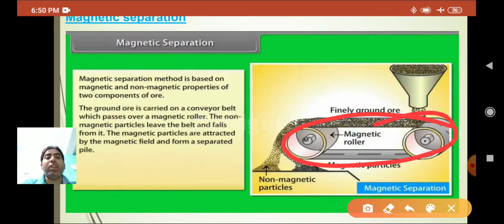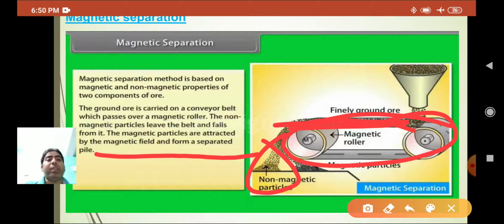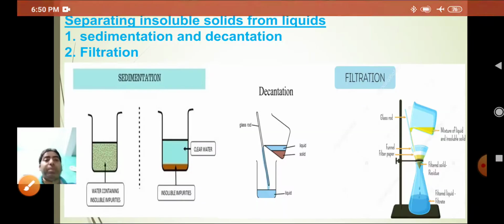It passes over a magnetic roller. This is the magnetic roller. The non-magnetic particles leave the belt and fall from it, and the magnetic particles are attracted by the magnetic field and separated later on. Here it is being separated. So this is magnetic separation.